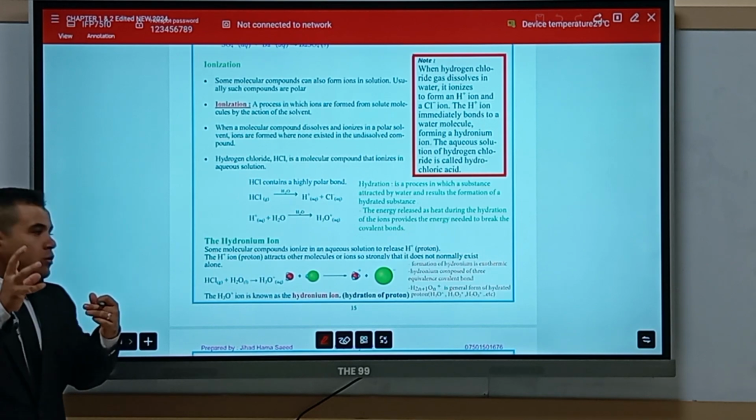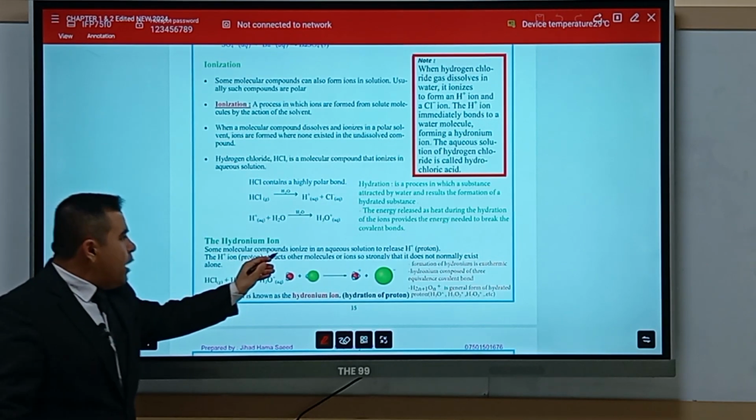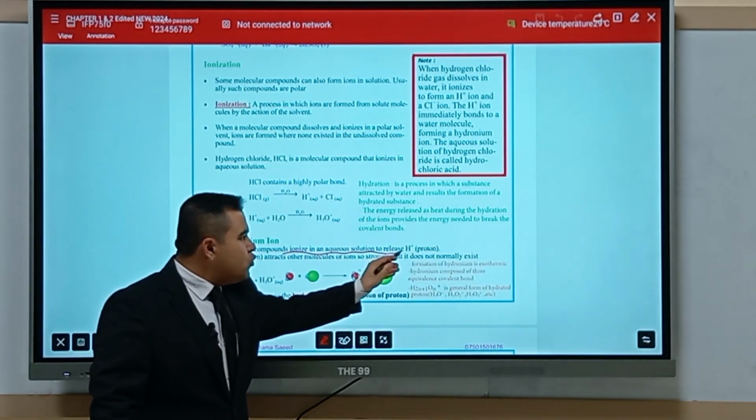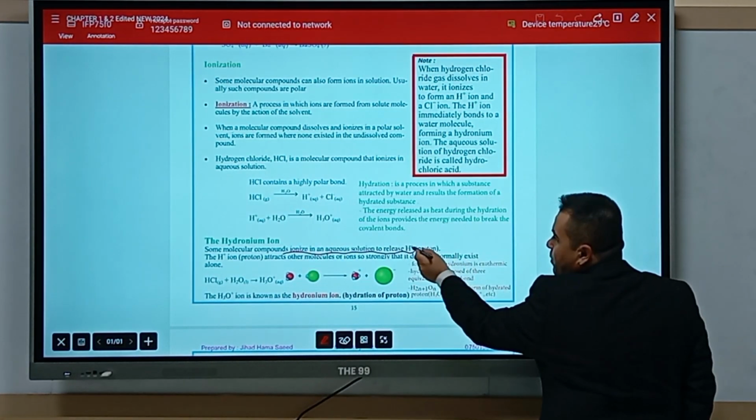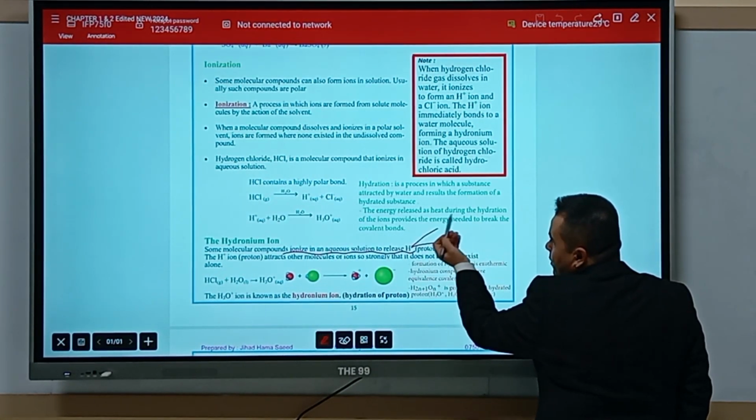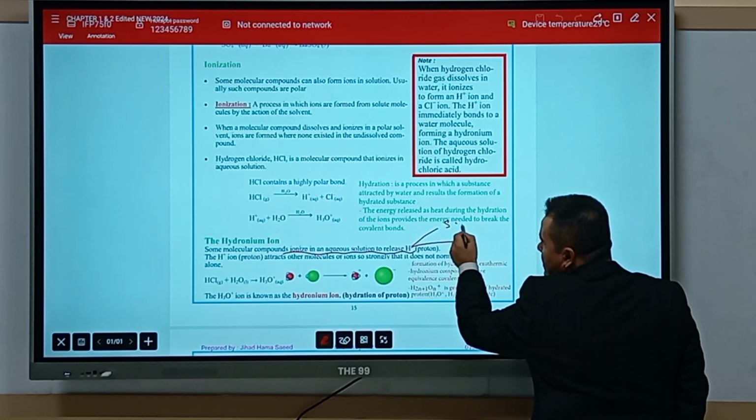The hydronium ion: some molecular compounds ionize in aqueous solution to release a proton. And guys, those molecular compounds are usually strong acids and weak acids.